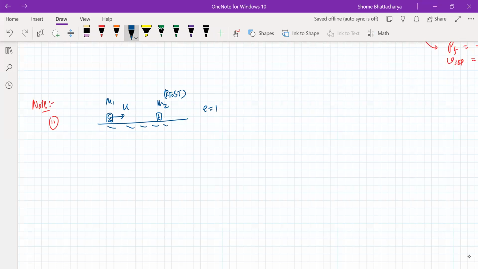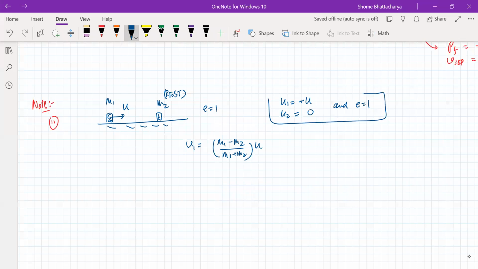Then V1 becomes (M1 minus M2) upon (M1 plus M2) into U. That is, U1 is equal to plus U and U2 is 0, and e is equal to 1 in this special case. So this gives us this, and V2 becomes 2M1 upon (M1 plus M2) into U.